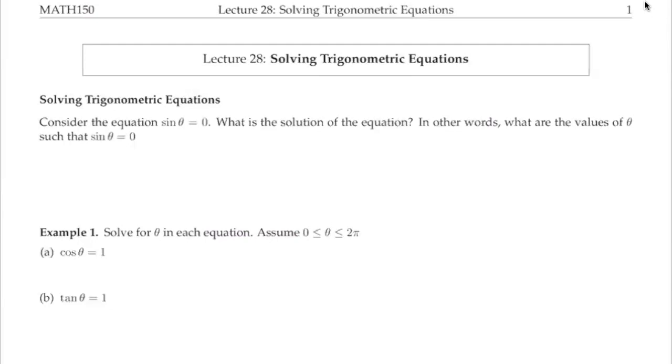Here is the equation: sine of theta equal to 0. The question is, what are the values of theta such that sine of theta is equal to 0? This is going to be convenient if you know how to locate the points on the unit circle. So let's go back to the unit circle and see where they are.